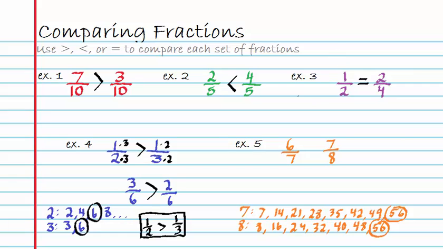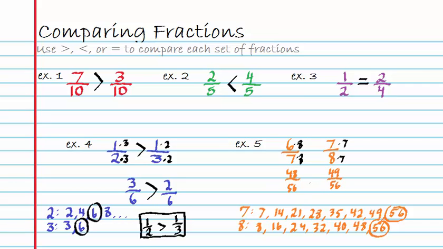So I need to turn each denominator into a 56. So with my first fraction, 7 times 8 is 56, so I have to multiply the top and bottom by 8. And same thing for the second fraction. 8 times 7 is 56, so I have to multiply the top and bottom by 7. So when I rewrite this fraction, I will have 48 over 56, and my other fraction is 49 over 56.